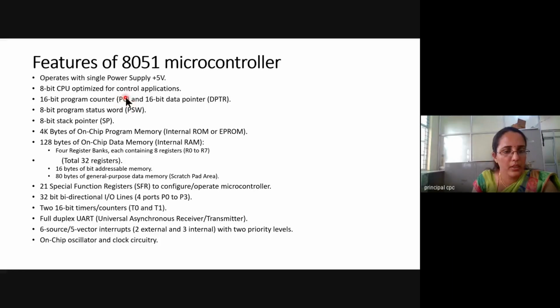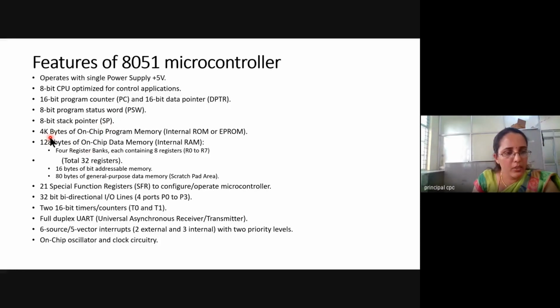Program counters are nothing but the registers which point to the address of the next instruction, as we will see later. Next, you have a 16-bit DPTR, data pointer, 8-bit program status word, and then 8-bit stack pointer.